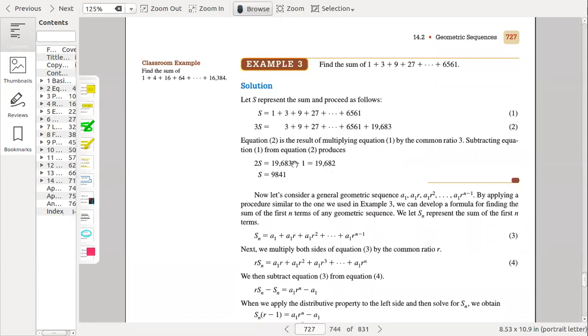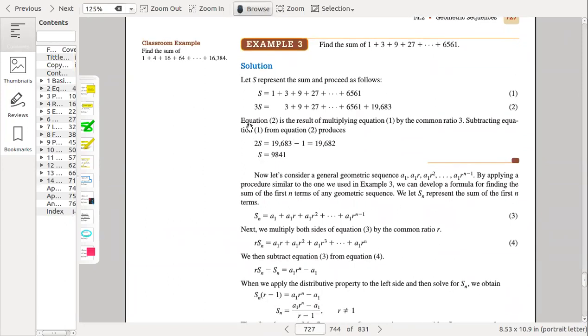Subtracting equation 1 from equation 2 produces, so if we subtract this first equation from the second, here we will get 3s minus s, 2s. Then if we subtract these values, 3 minus 3 is 0, 9 minus 9 is 0, 27 minus 27 is 0, and so on, 6,561 minus this 0.